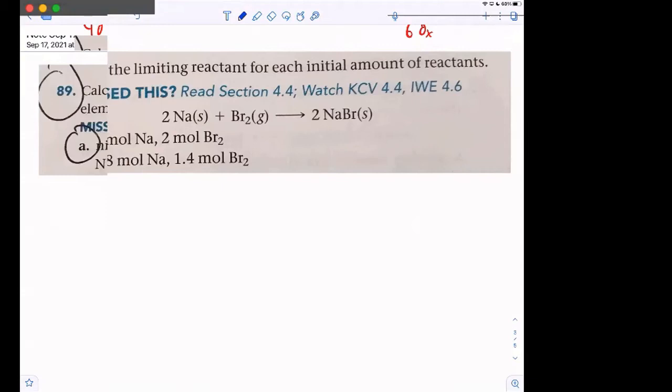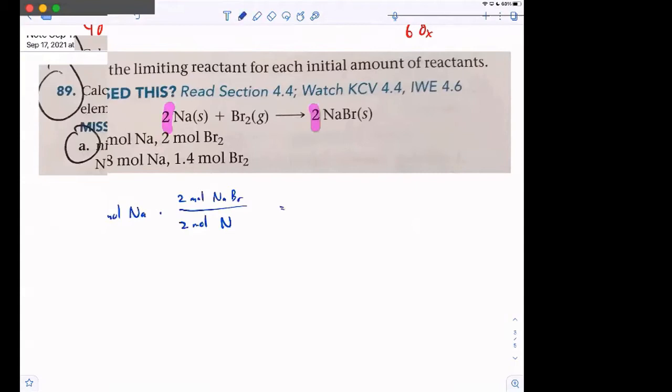So if you start with 1.8 moles of sodium, and then you're going to have 2 moles sodium bromide per 2 moles sodium. And I'm getting that from that.